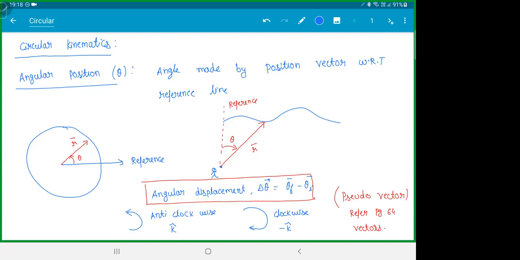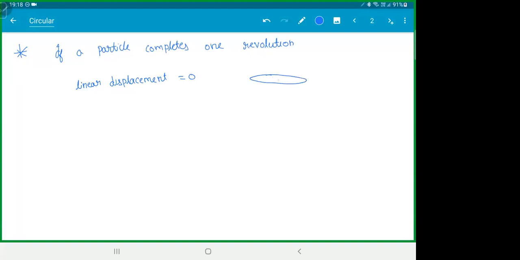Now here, a certain thing. If a particle completes one revolution, linear displacement is zero. We will start using the word linear displacement, so as not to get confused with angular displacement. If you make one revolution, you start at the point and come back there, so linear displacement is zero, whereas the angular displacement is not zero.